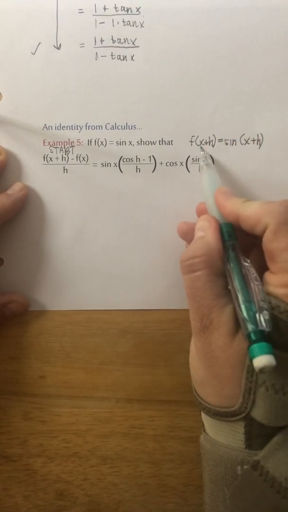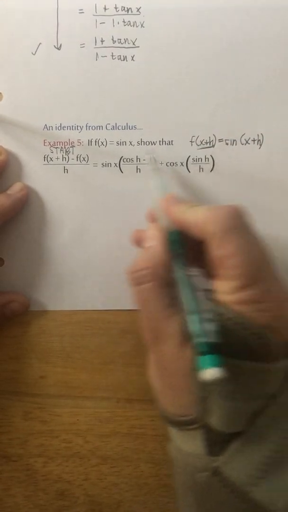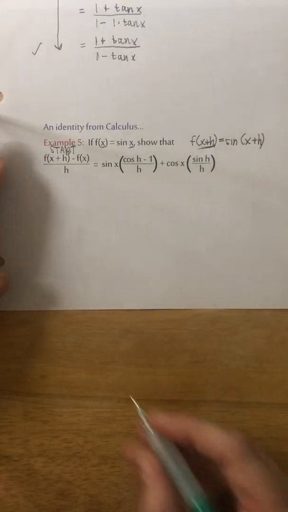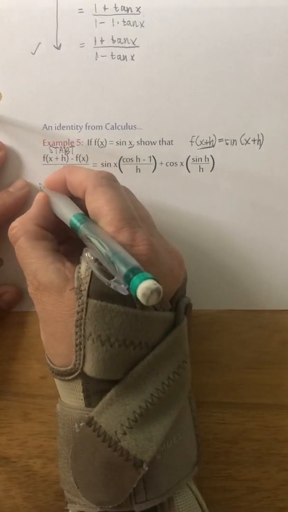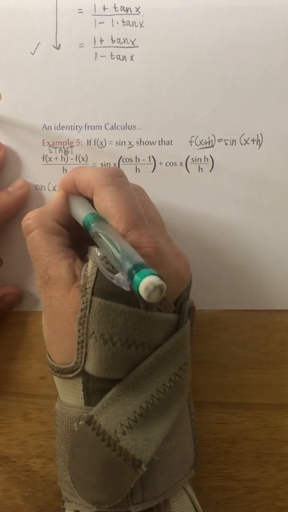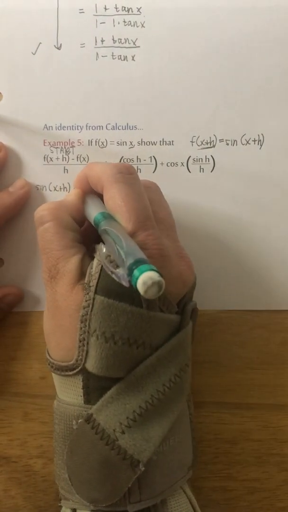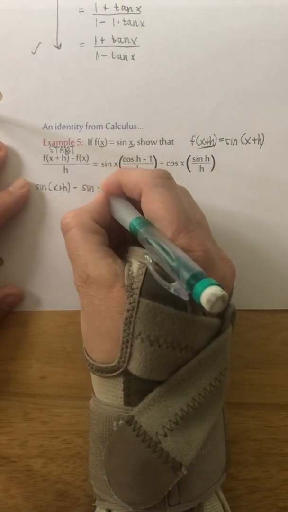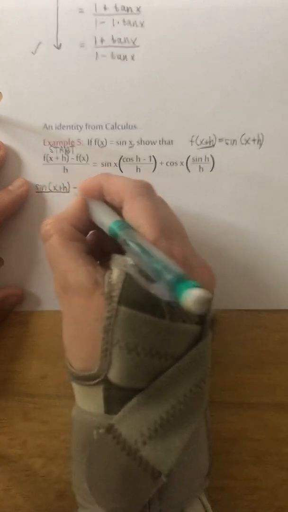Remember, this just means that you're going to plug in an x plus h everywhere you see an x. Does that make sense? So in place of f of x plus h, I have sine of x plus h, minus, in place of f of x, I'm going to put sine x, and then all of that.